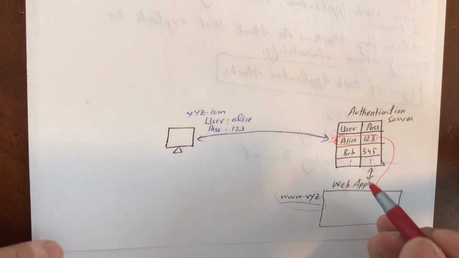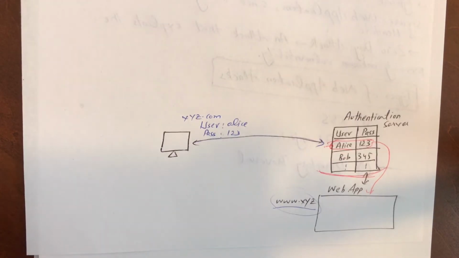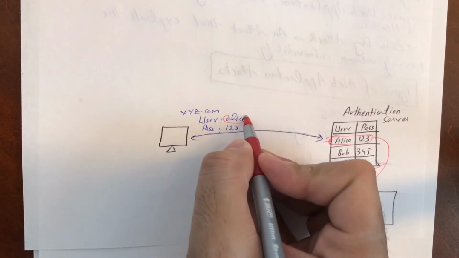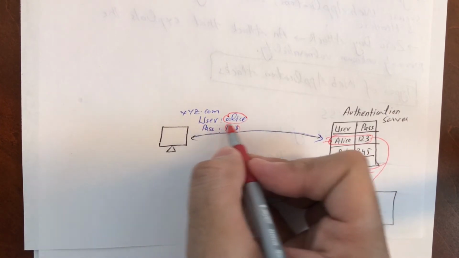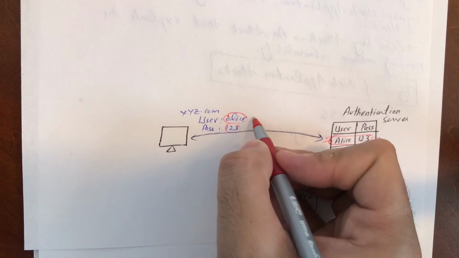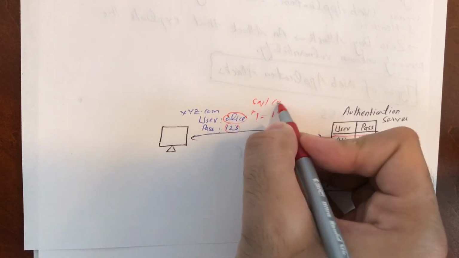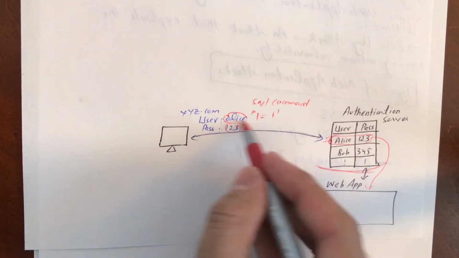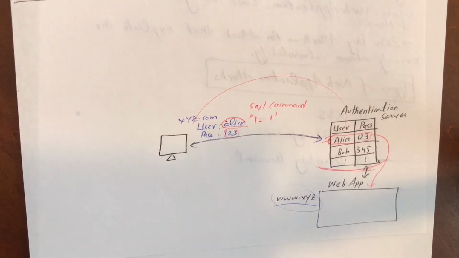But just see, the authentication server stores the data in the form of tables in a database. So for example, if instead of putting Alice, the attacker puts in the username something like 1 equal to 1 or some SQL command to pull the data from the database, there is a possibility that if there is no filter in between, they can pull the data directly from the database.